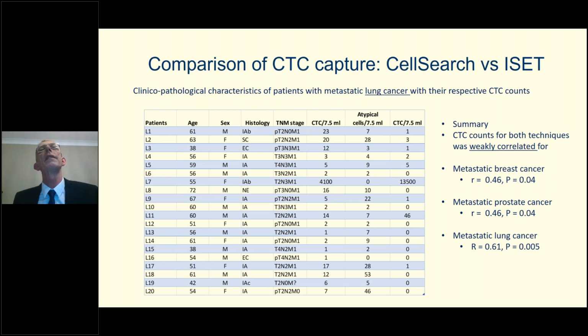And over on the right here, we have the number of CTCs identified using CellSearch. So the message that I wanted to bring across here is how we do see differences depending upon the platform that you're using. And you can do your correlation coefficients, and as you can see from this slide, fairly low correlation between the number of CTCs identified on these different platforms for these 3 different types of cancers.